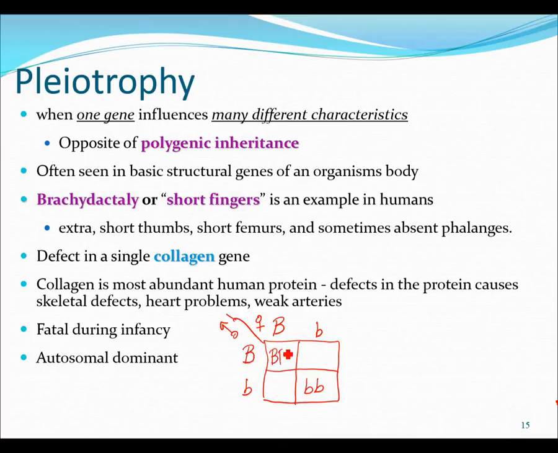This child has it because it's an autosomal dominant disorder, so any one big B makes them have it. If we look at the phenotype, the first box, they have brachydactyly.